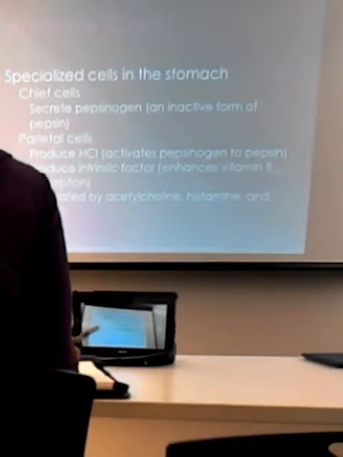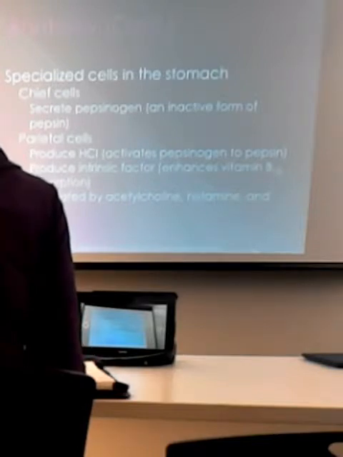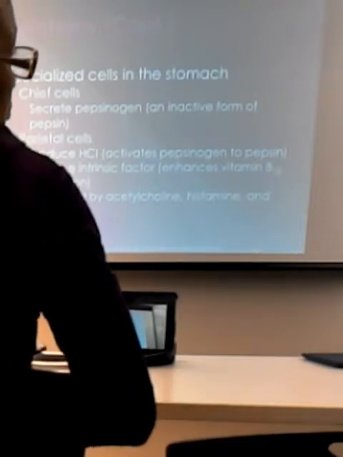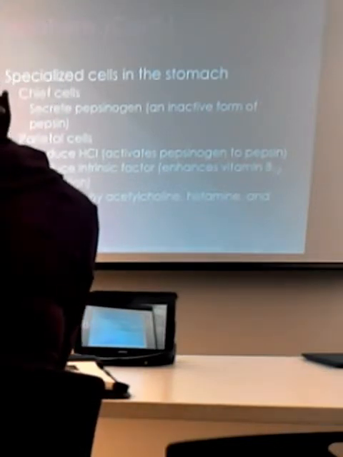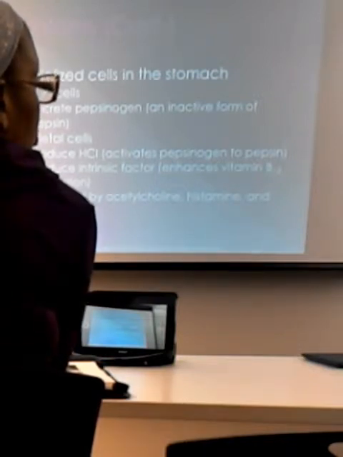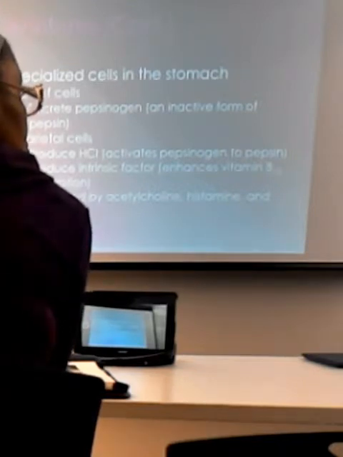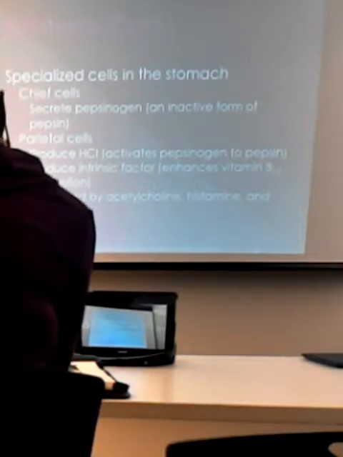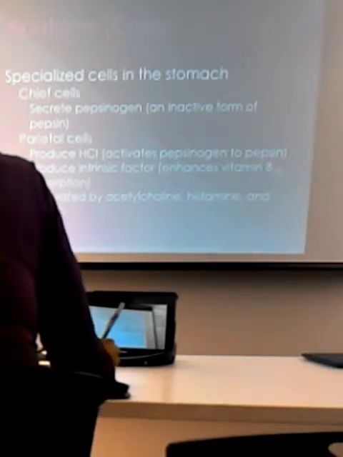Now listen, if the only thing that's wrong with a patient's body is they don't make enough or they don't make any intrinsic factor, that means that they cannot absorb vitamin B12, no matter how much they eat, okay? And I can tell you, and we'll get to what some of that stuff means and does, but that's extremely bad, okay? Where do we absorb vitamin B12? Listen, large intestine, not the small intestine, okay? You guys have to know that.